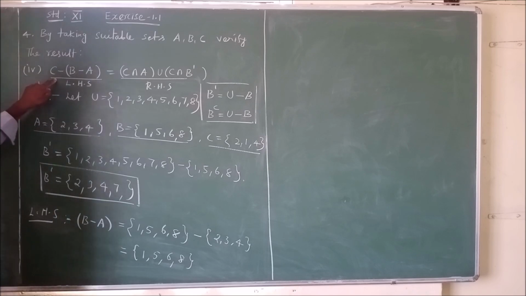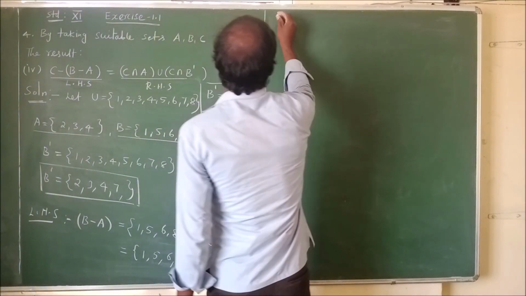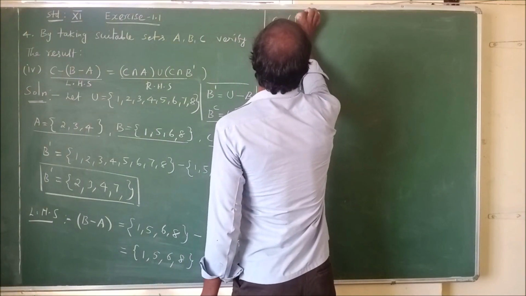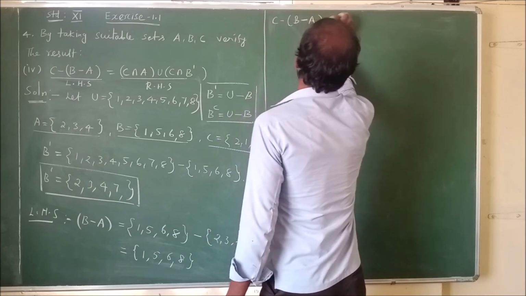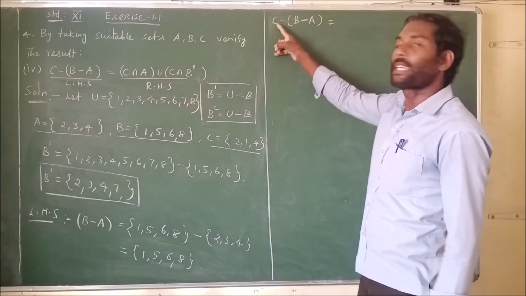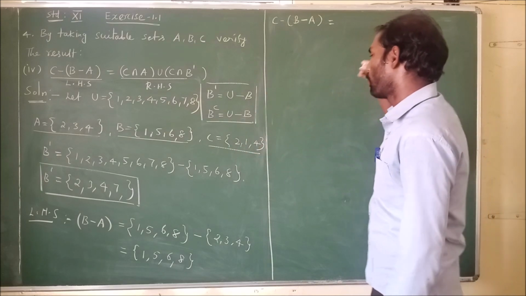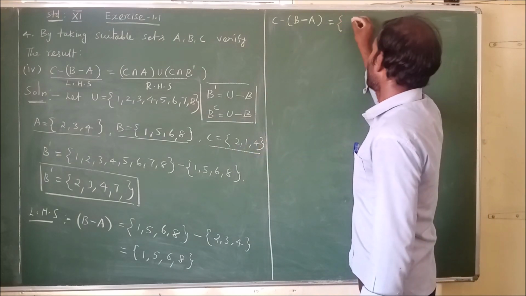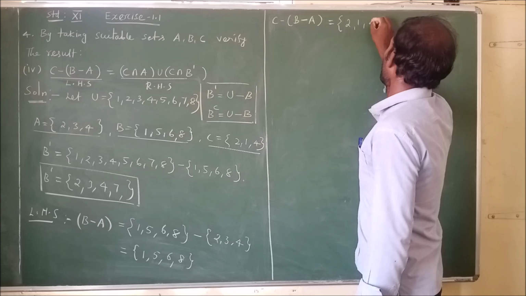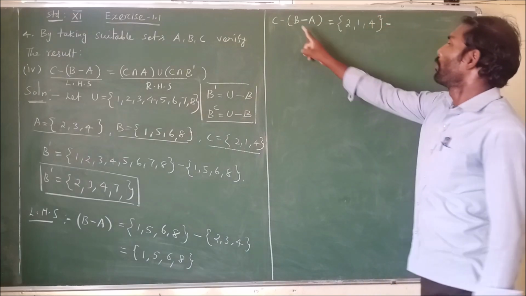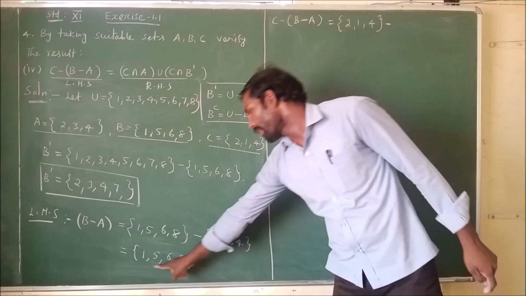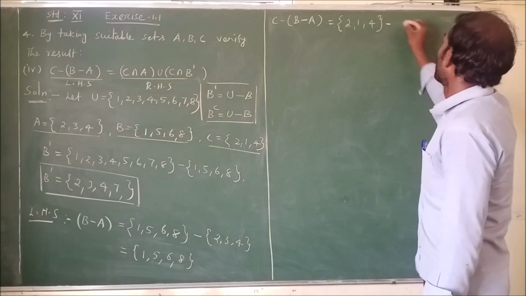So again we have to find C minus (B minus A). C minus (B minus A) equals the set of C. Set C is 2, 1, 4, minus (B minus A), which is 1, 5, 6, 8.